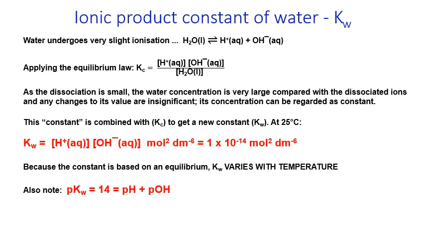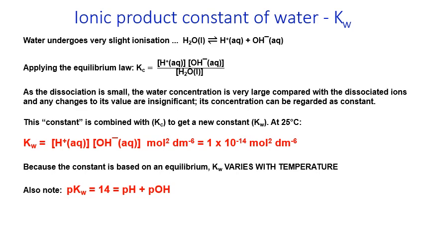Another important concept is the ionic product constant of water, or Kw. If you have a cup of water, the water itself undergoes a slight ionization. So the water forms an equilibrium, protons and hydroxide ions.